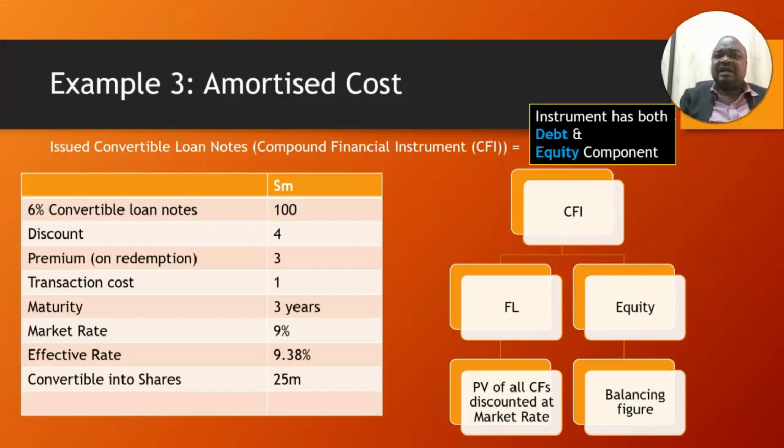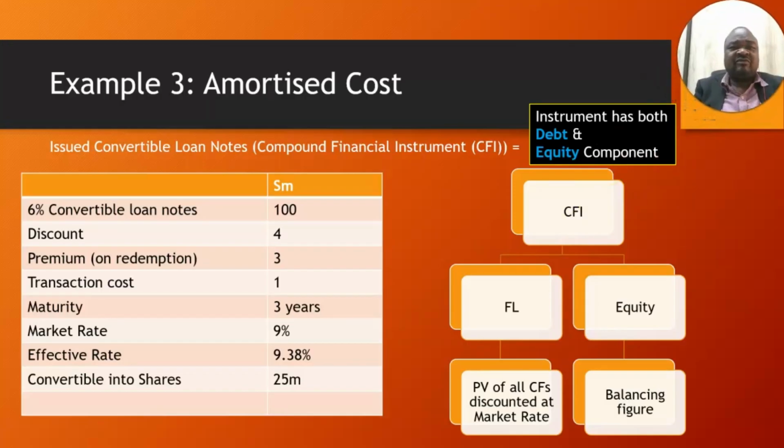Now, let us look at an amortized cost example, where we have a convertible loan note, which is also a compound financial instrument. And here, what works is what is called split accounting. So a debt instrument has both a debt and an equity component.